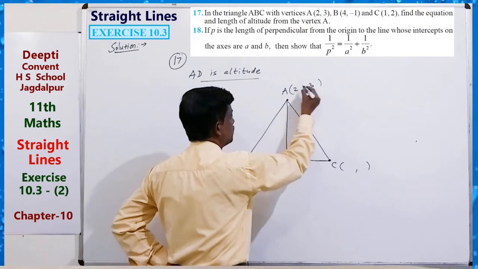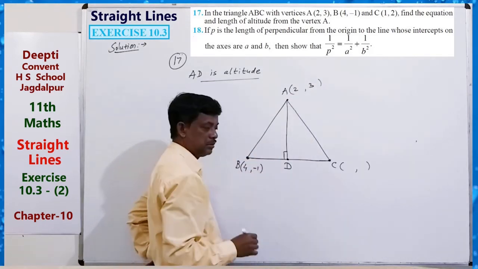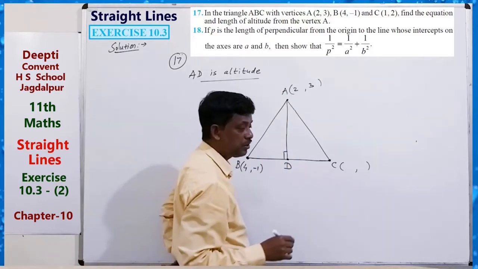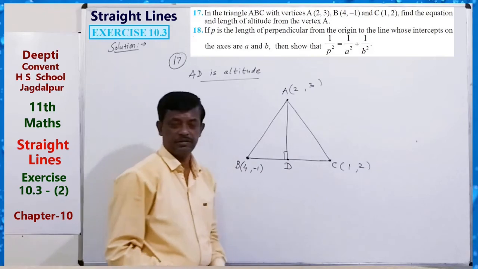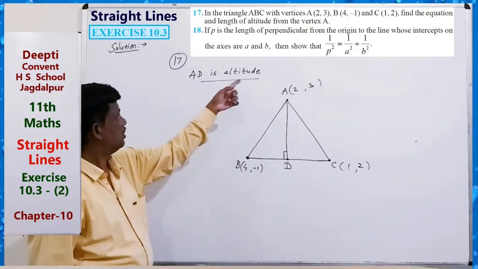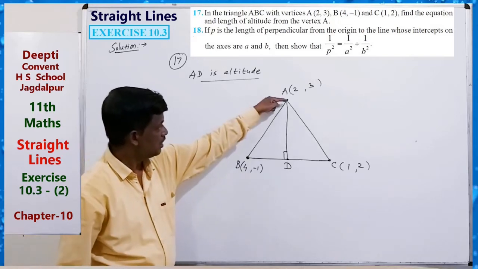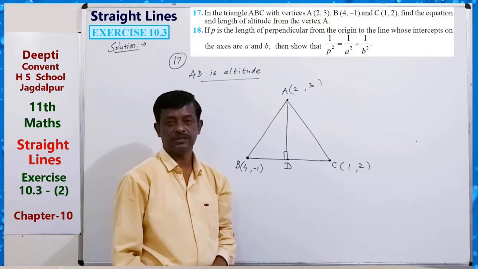A is (2, 3), B is (4, minus 1), and another point is (1, 1). These points are given. This is the altitude. We have to find the length of AD and the equation of this.